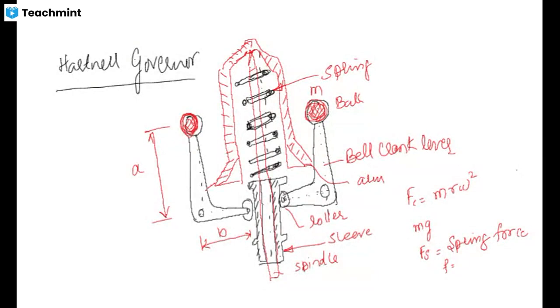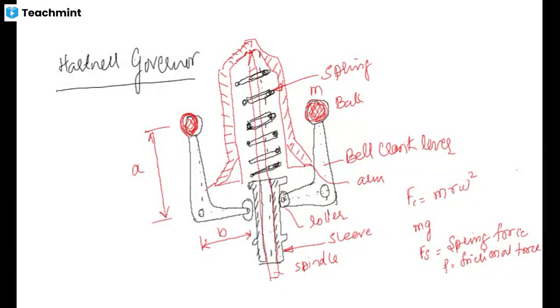This is the frictional force. Now the analysis is done again considering a pivot point here and resolving the forces in horizontal direction as well as vertical direction and equating to zero to get the governor in equilibrium condition.